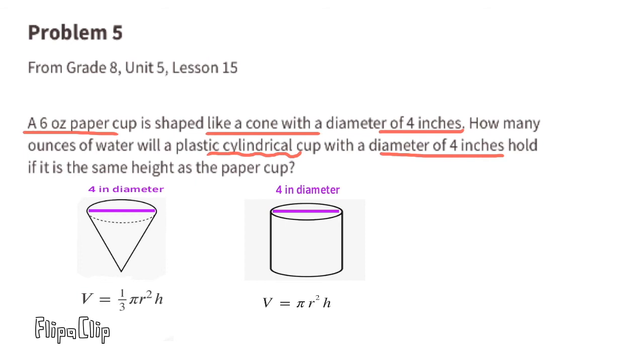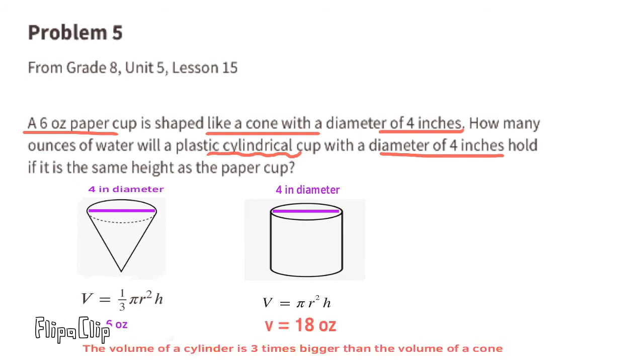The 2 cups have the same diameter, which means they have the same radius. A cylinder with the same diameter and the same height holds 3 times the amount as a cone. It tells us that this cone holds 6 ounces of water. So that means that the cylinder is going to hold 3 times that. So the volume of the cylinder is 18 ounces because 6 times 3 is 18.